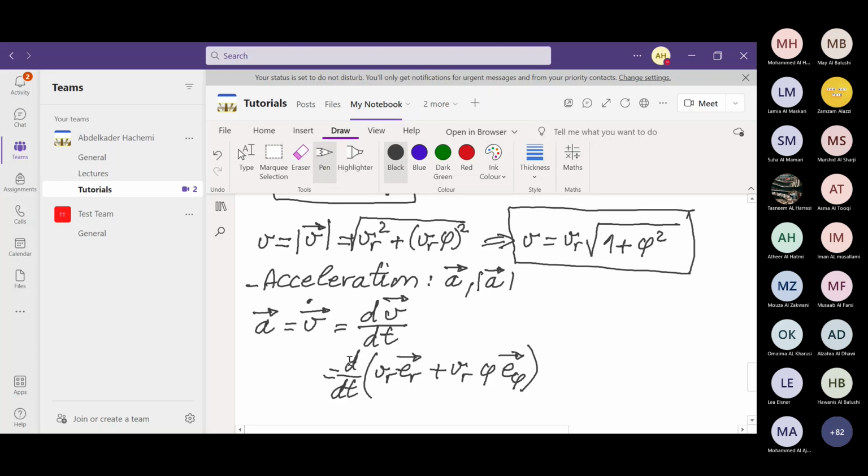The same principle here: d over dt of VR phi multiplied by e_phi, d over dt of phi multiplied by VR e_phi, and d over dt of e_phi multiplied by VR phi. Then we have in total 5 terms.